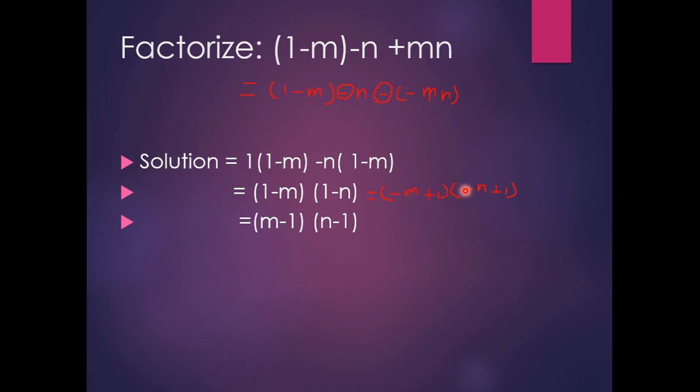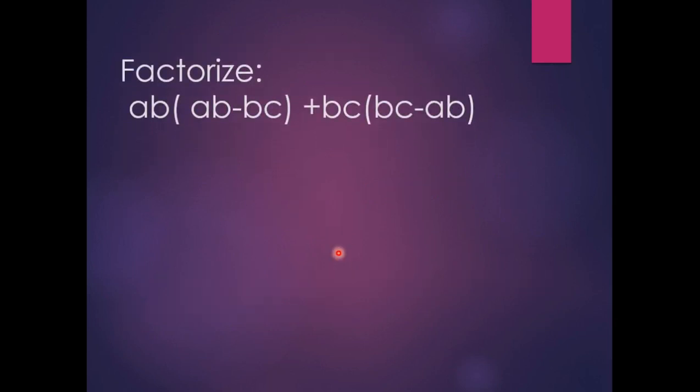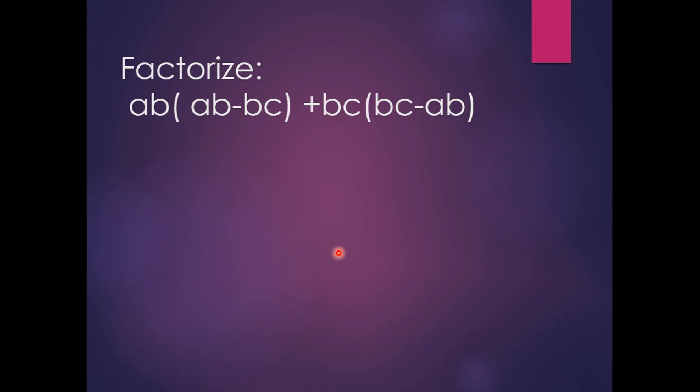From this minus 1 will be common, inside there will be n minus 1. Minus from this and minus from this will be plus, so we have m minus 1 times n minus 1. In this way we can easily factorize such type of expression. So minus 1 and minus 1 common from 1 minus m and 1 minus n becomes plus 1. I have written here. So now we have another problem of factorization.